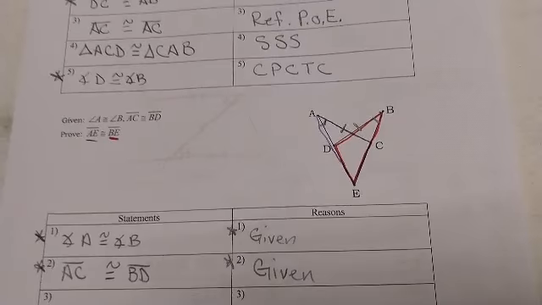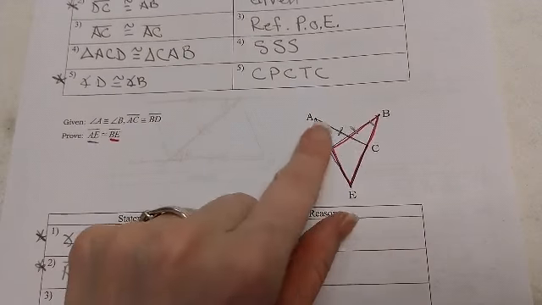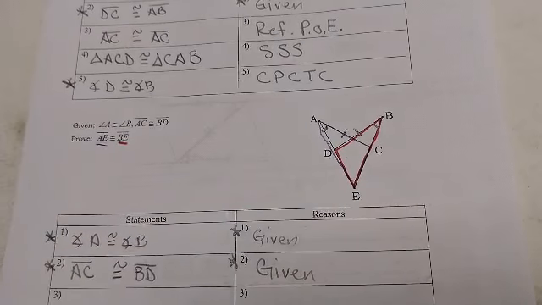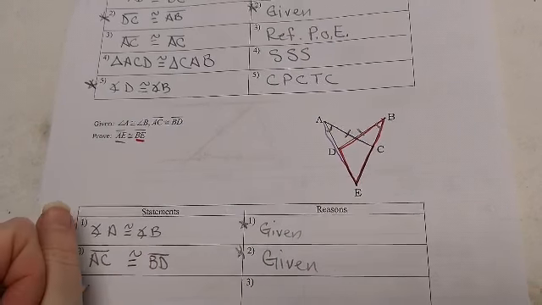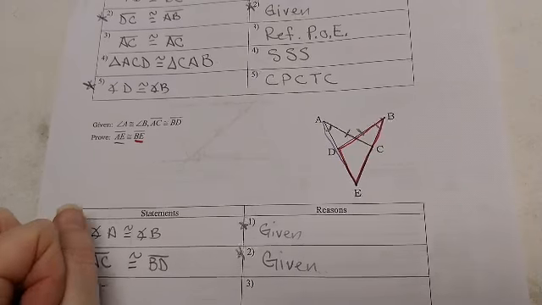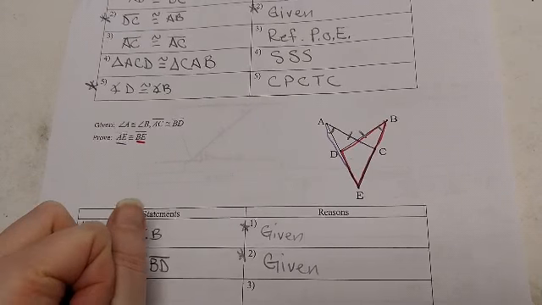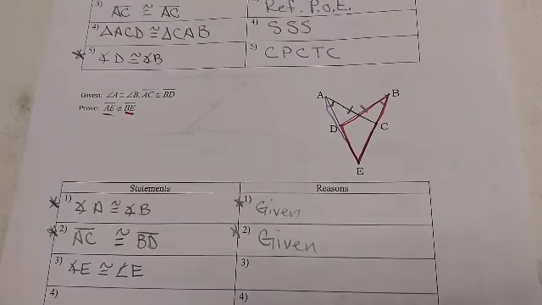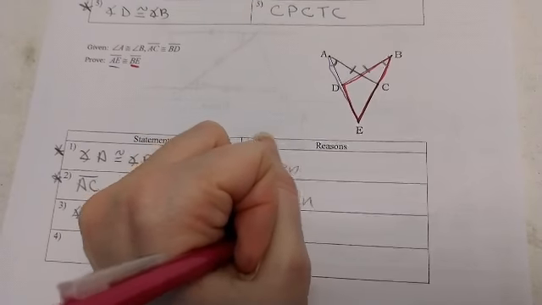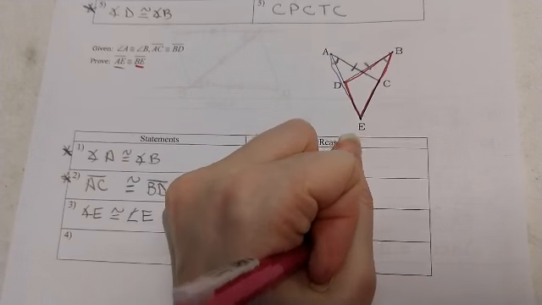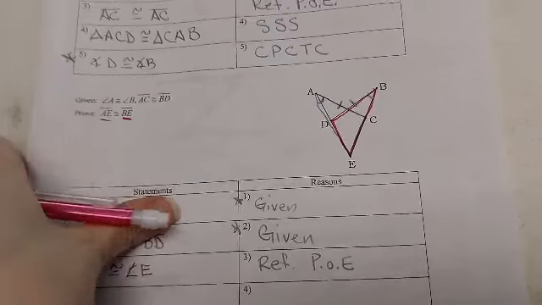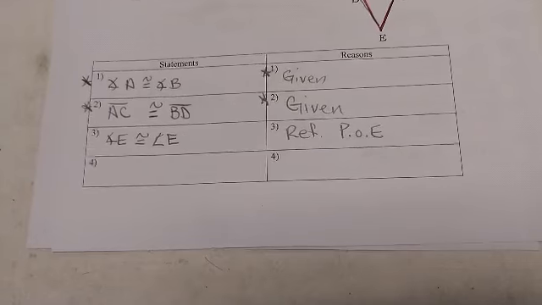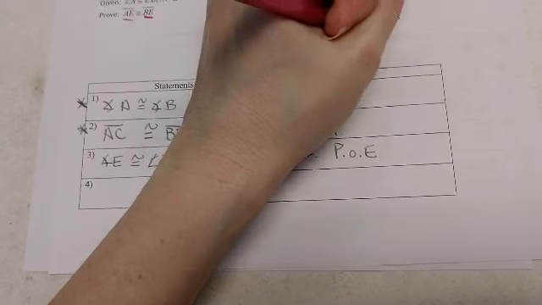Now if I'm looking at these two triangles, they overlap and share this angle E. So if they share this angle E, I'm going to say that angle E is congruent to angle E, and I'm going to say reflexive property.